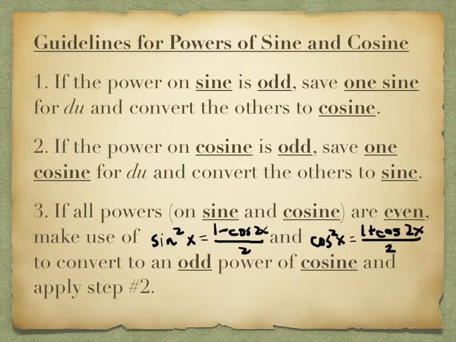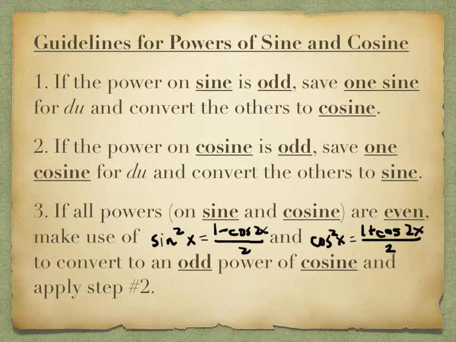If all of the powers are even, this set of formulas right here is not on that sheet that I gave you, so make sure you write these down properly. And they're in your book, of course, too. These are called power-reducing formulas. They allow you to take a power of sine or cosine, and they reduce the power. Sine squared turns into cosine, and cosine squared turns into cosine.